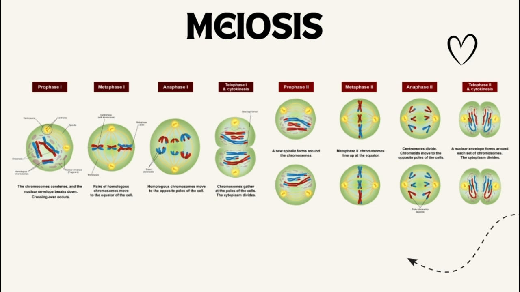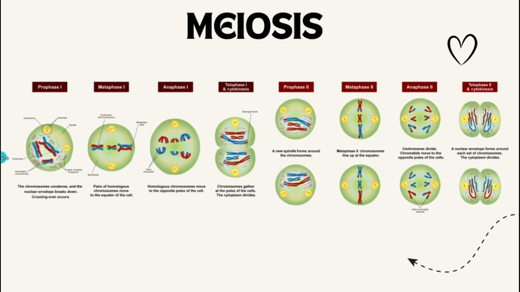And as we said before, we get chromosomes from both parents, right? So at the end of the day, we have 46 chromosomes in total, and we have 23 chromosomes from each parent, 23 and 23 make 46.